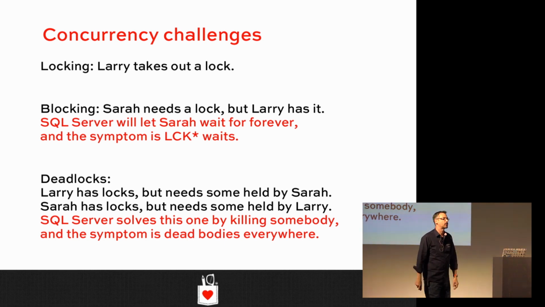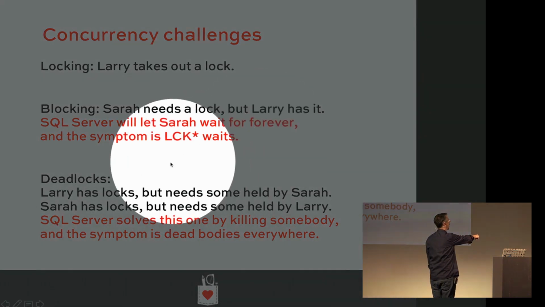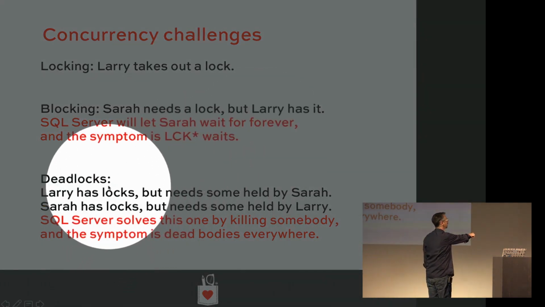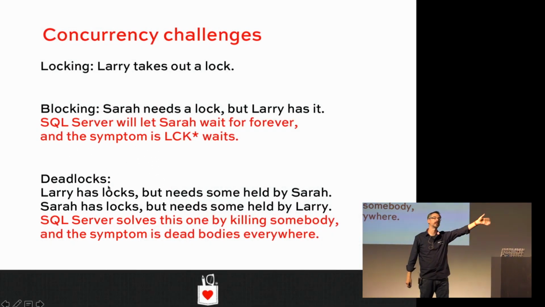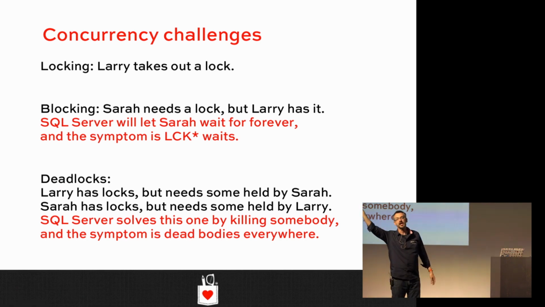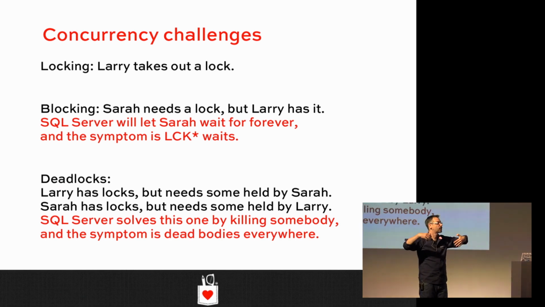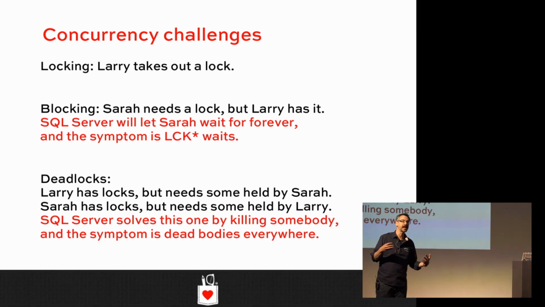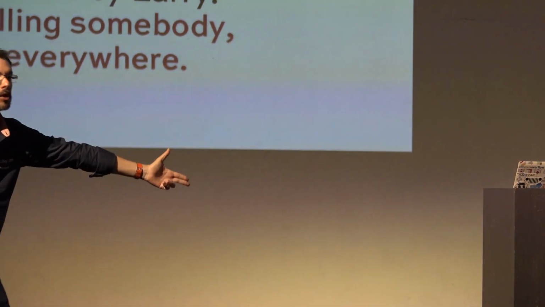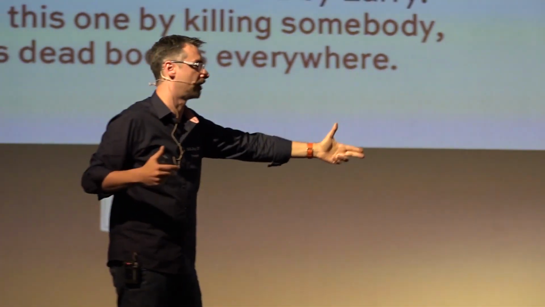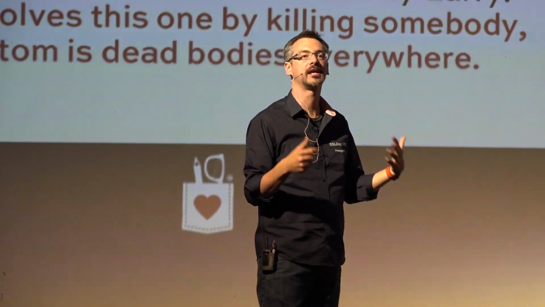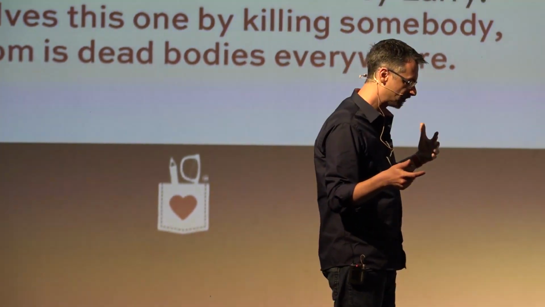The second way that you can run into it, the bottom set down here, deadlocks. If Larry takes out some locks, and then Sarah takes out some locks, and then they both want locks that each other have, it's like what we call a Mexican standoff, where multiple people are pointing guns at each other, and no one is able to make any progress forward.